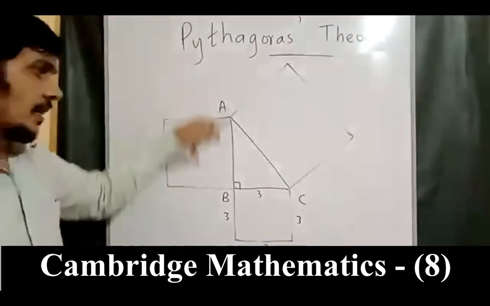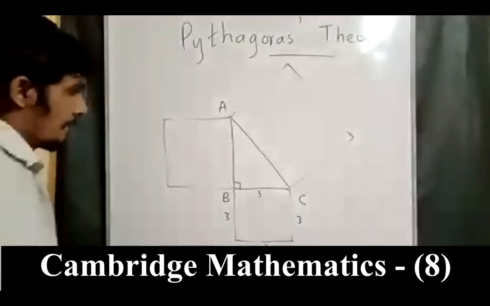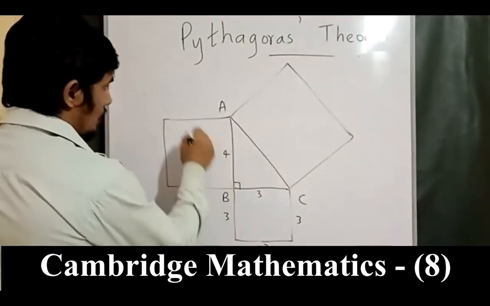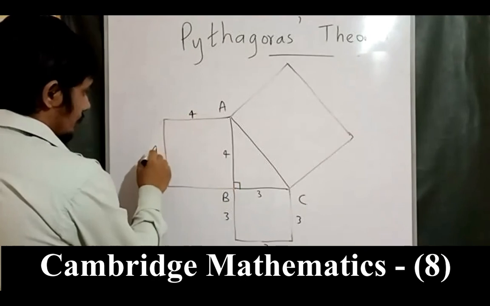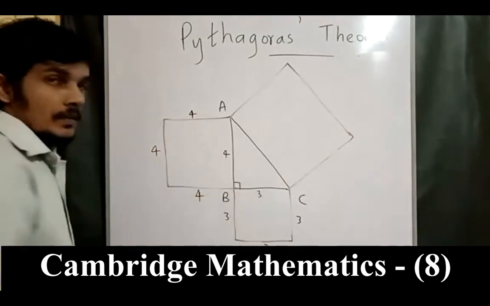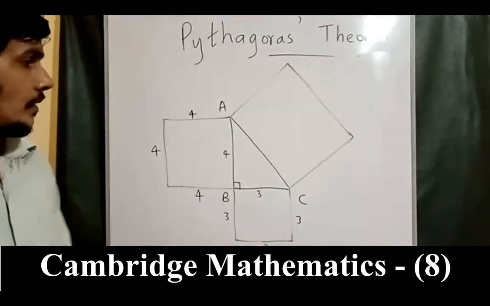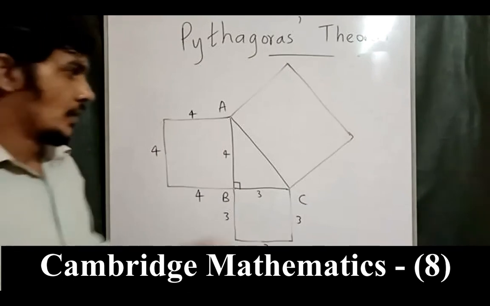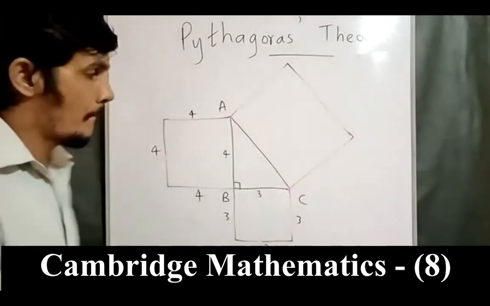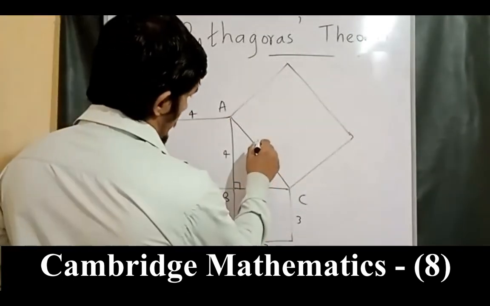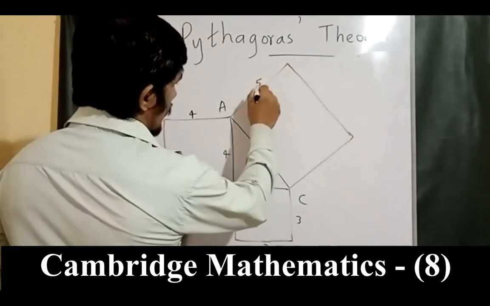Let's say this side length is 4, then this is also 4, like that. Then I know this side length is 5, this is also 5.